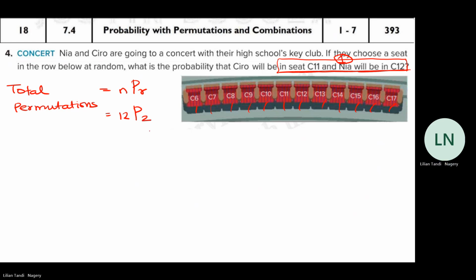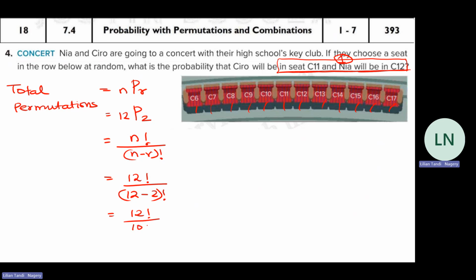Then I'm going to do the formula n factorial over n minus r factorial. 12 factorial over 12 minus 2 factorial. That gives me 12 factorial over 10 factorial. So that becomes 12 times 11 times 10 factorial over 10 factorial. This goes away. That gives me 132.